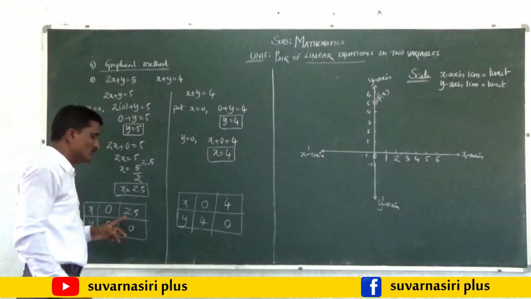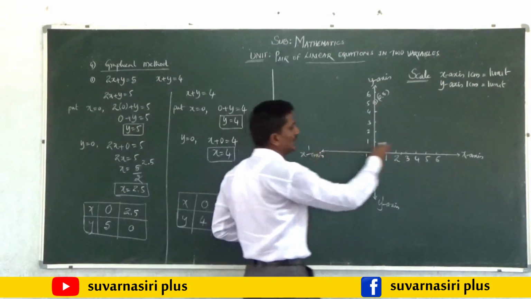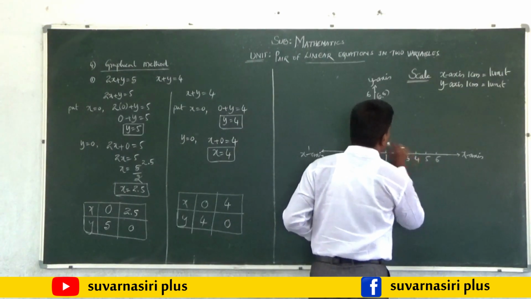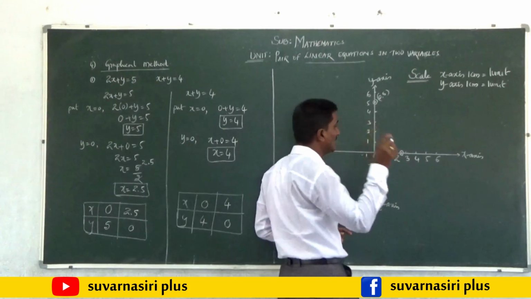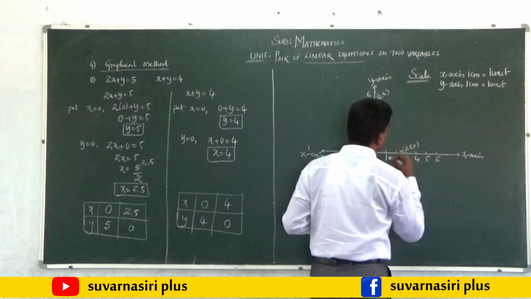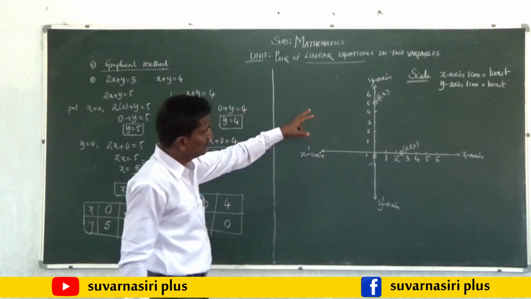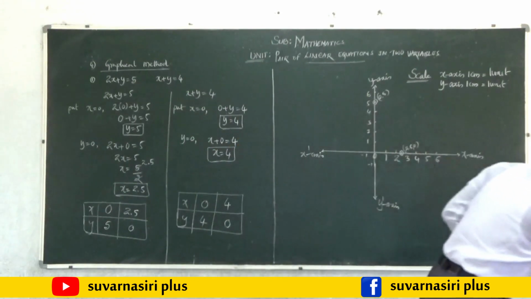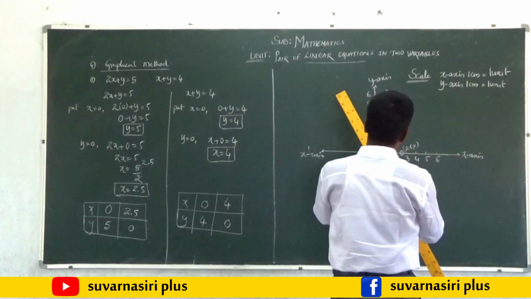2.5, the y is equal to 0 means it is exactly the 0 line already. So you have to represent this in between 2 and 3, the middle line. What is the value there? 2.5, comma 0. After plotting these 2 points, you have to complete the first equation graph.